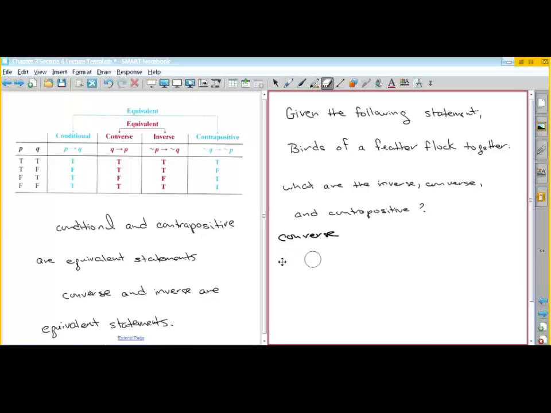Oh, sorry. So actually what we need to do first is make this into an if-then statement. Okay. So it's easier. So we'll say if one is a bird of a feather, then one flocks together.